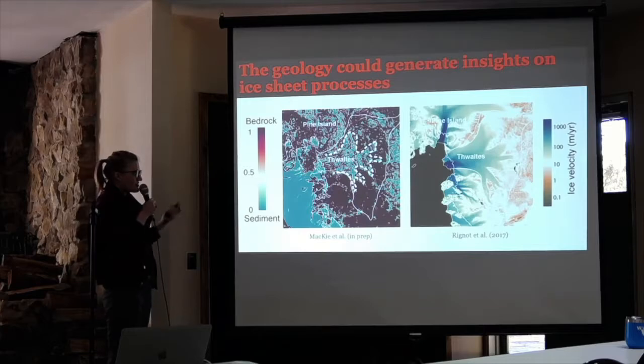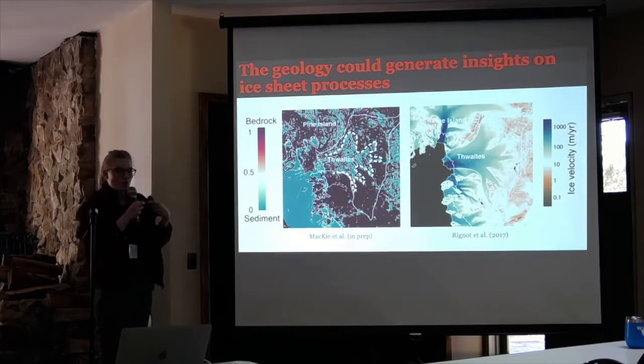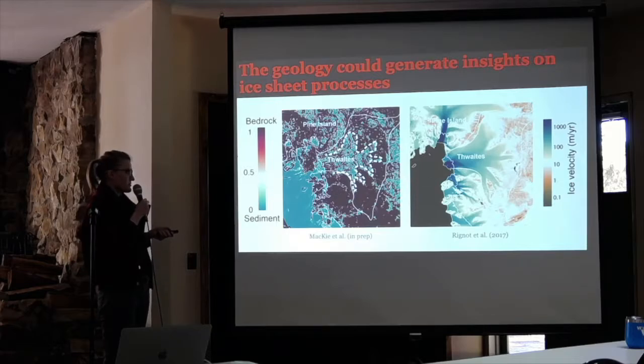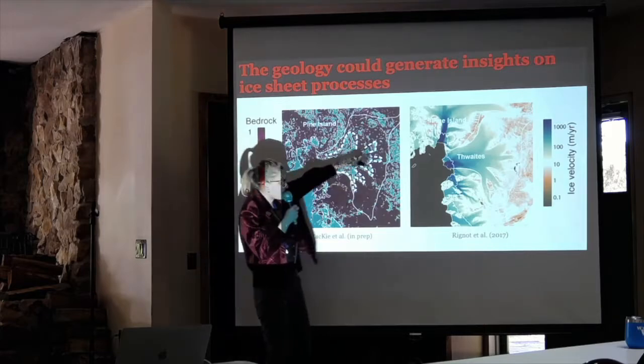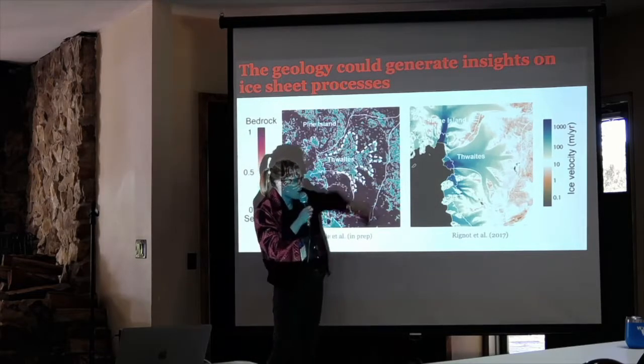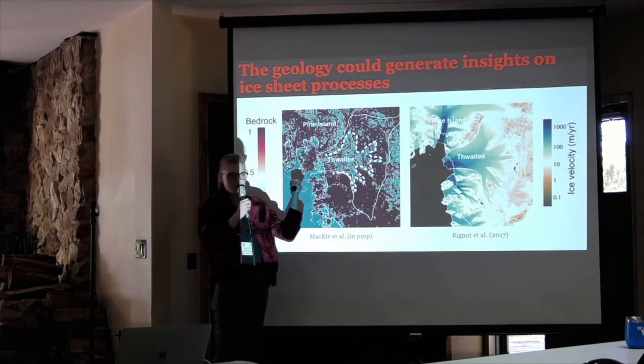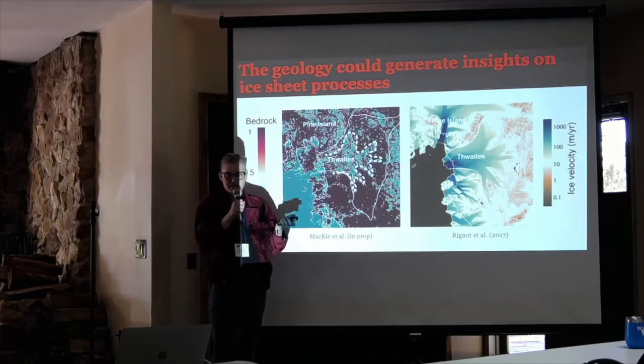And you could use this to kind of gain insights on what the processes are here or how the bed is controlling surface processes. There's also this kind of sediment spot back here, which is close to the onset point for a lot of the Ross ice streams.